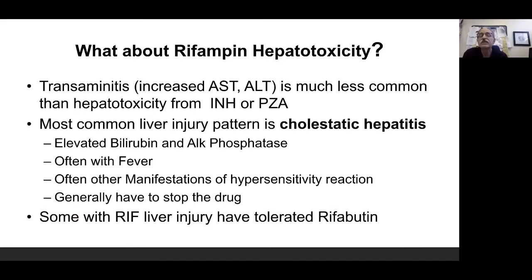This is something for which you almost always have to stop the medication. It is also one of the toxicities from rifampin for which you can actually re-challenge them with rifabutin, and more than half of them will be able to tolerate rifabutin without a problem.